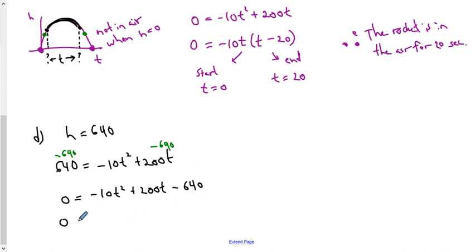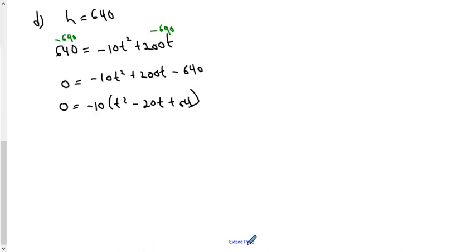First, let's common factor. I can common factor out a negative 10. Let's do that. That leaves me with t squared minus 20t plus 64. Okay, this is a simple trinomial.